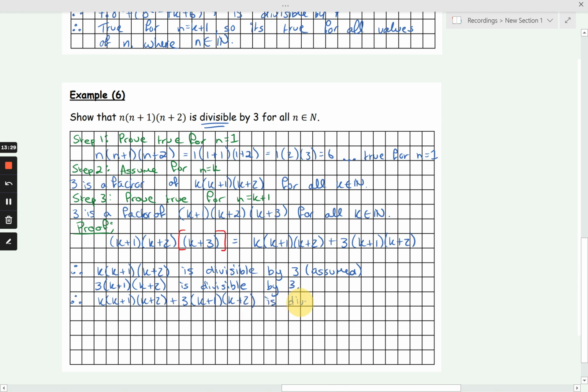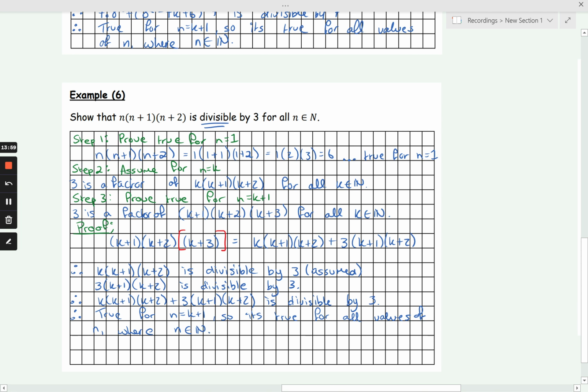And if that's divisible by 3, we can say that it is going to be true. So therefore true for n is equal to k plus 1. So it's true for all values of n where n is an element of our natural numbers, where n is an element of N.